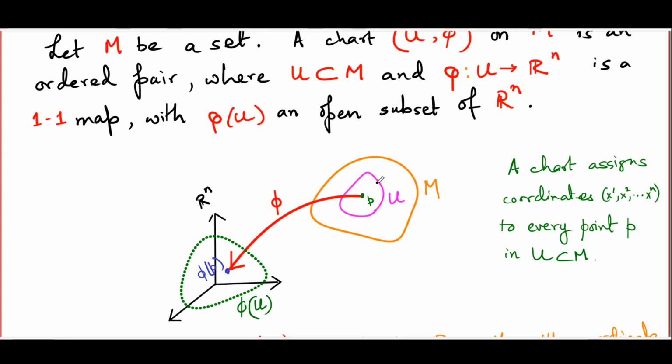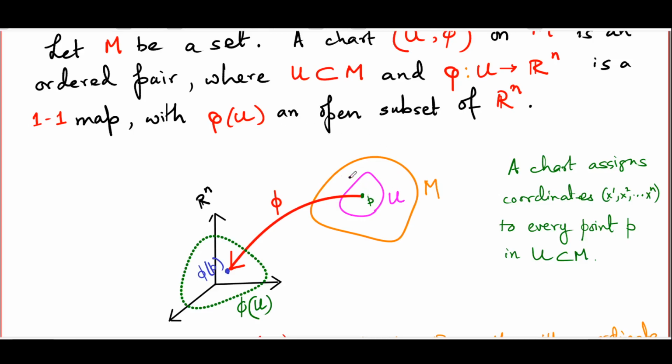The map phi takes points in U and maps them onto Rn. In fact, it maps this region U, all of these points in the region U taken all together, inside this thing which I have depicted by this dotted curve. This is my phi of U set. The dotted curve simply is a reminder that the boundary is not really inside this set, it's an open set.